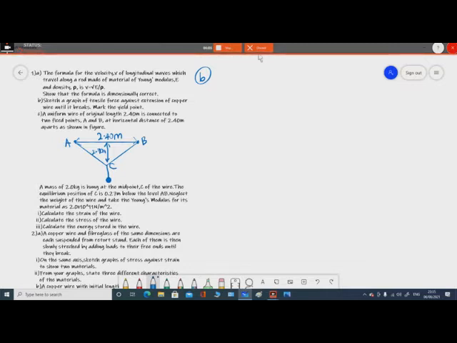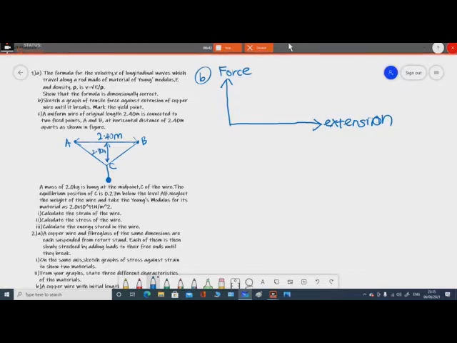From the previous video, we discussed the graph of extension against force, but now the question asks for the tensile force against extension. So the y-axis should be the force, and the x-axis supposed to be extension.